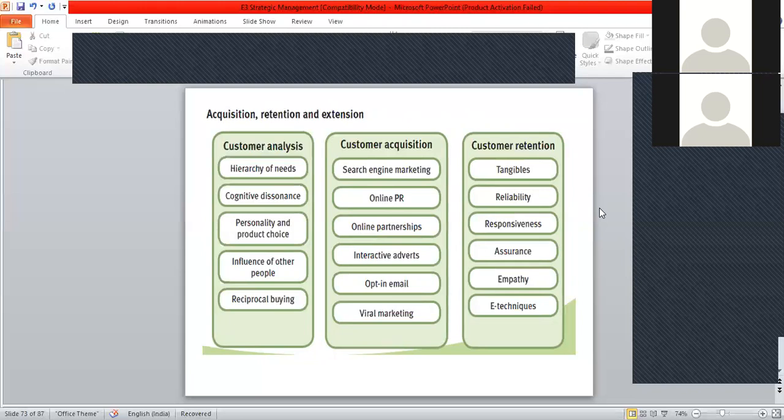After that, what are the ways in which the customers are retained, retention. Okay, customer analysis. The customer's needs are taken into consideration. The requirements, the hierarchy of needs are taken into consideration when the customers are analyzed. That's called customer analysis, analyzing the needs of the customers.